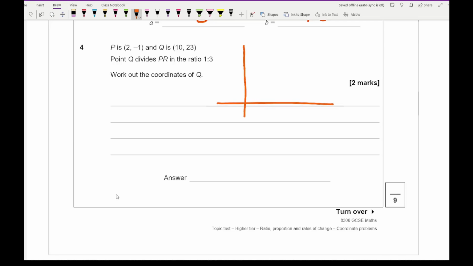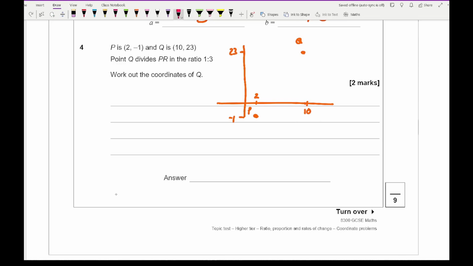So (2, -1) we're just going to say is there. Let me label this up as (2, -1), and that's point P. And Q is (10, 23), so just imagine 10 is here and 23 is up there. So let's put that as Q, and that's 23, and that's 10.